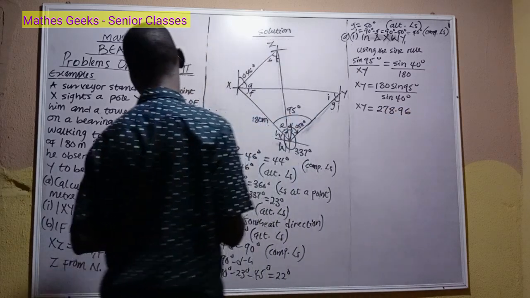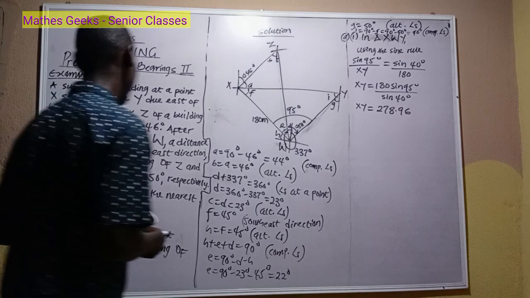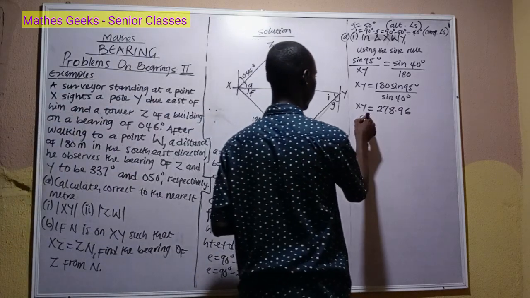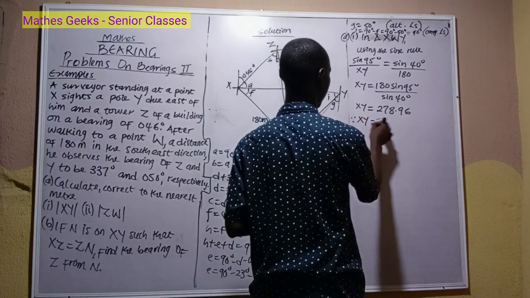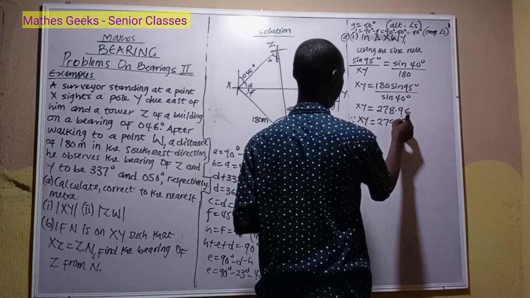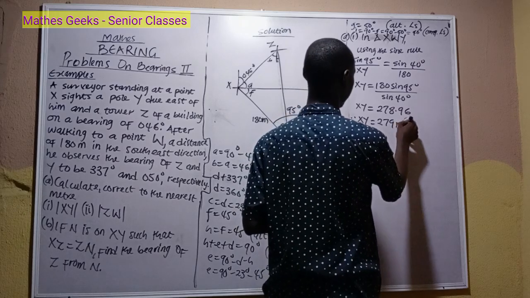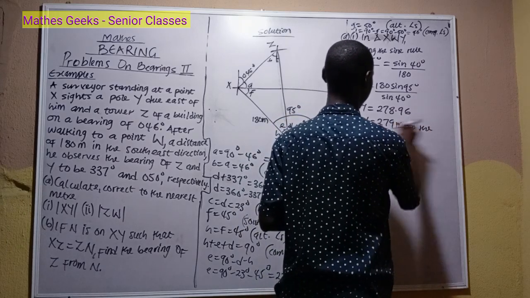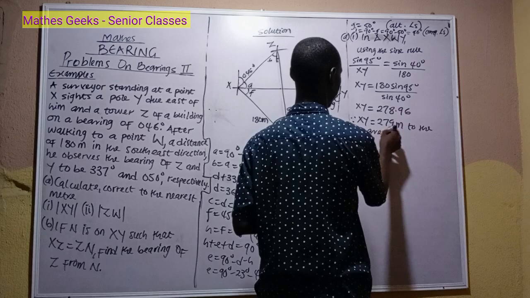We're told to correct our answer to the nearest meter. So XY is equal to 279 meters to the nearest meter.